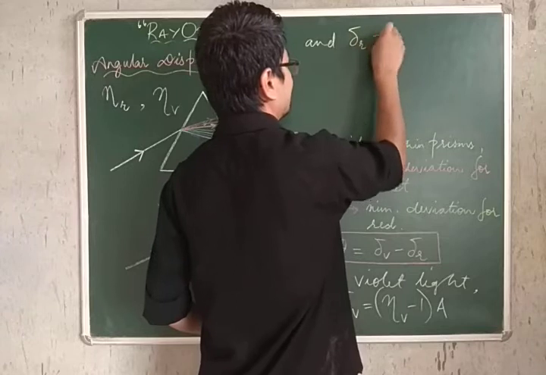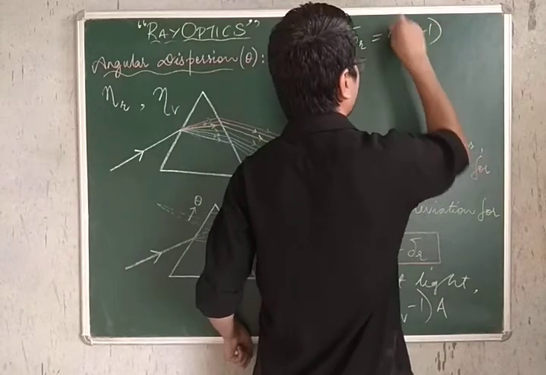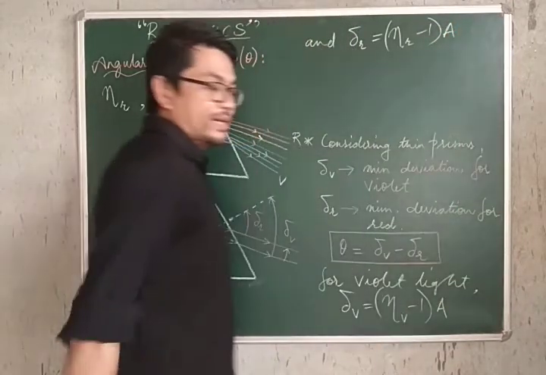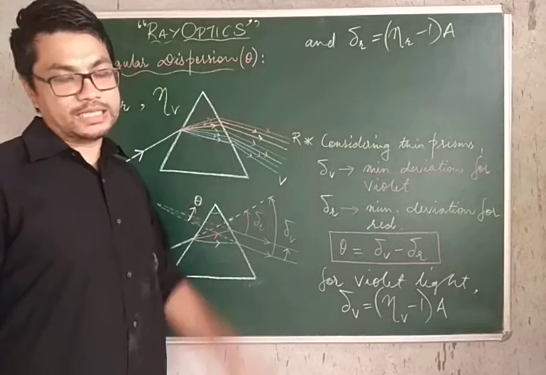Likewise, for red light we can write delta R is equal to (eta R minus 1) into A, where eta R of course is the refractive index of the material of the prism for red light.